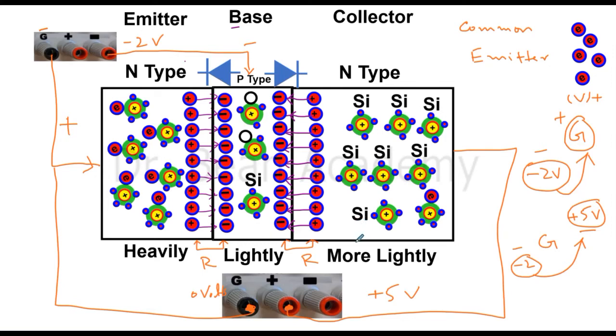Just forget about minority charge carriers or something like that. In this mode we say that this transistor is in off mode. It is off. And we call this mode of operation common emitter because the emitter is common to both collector and base.